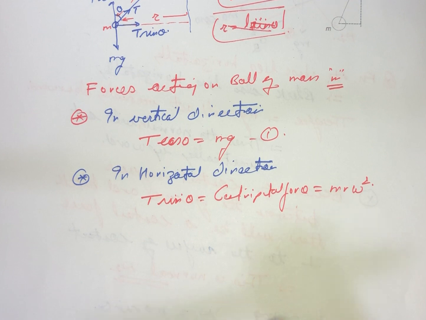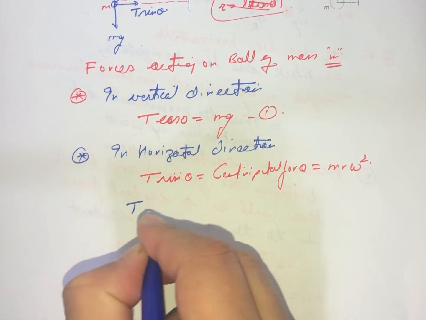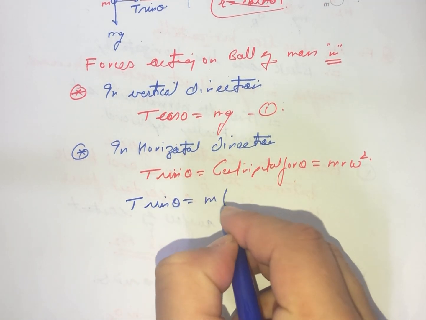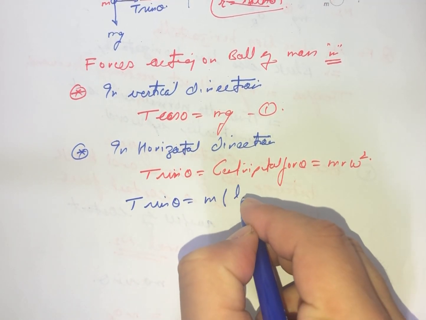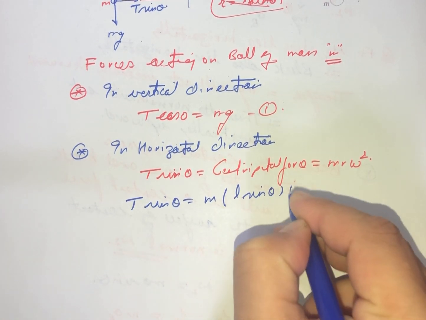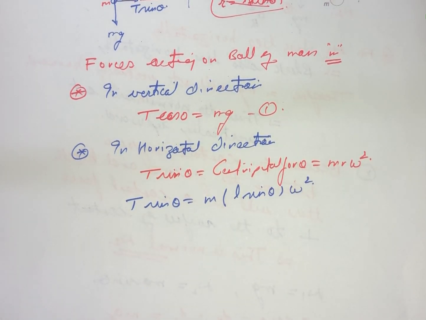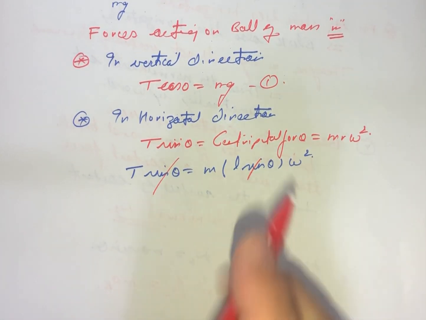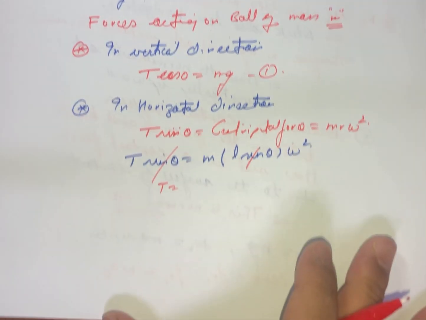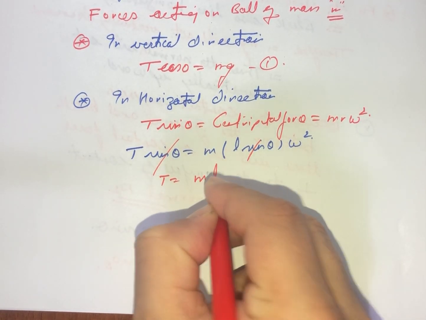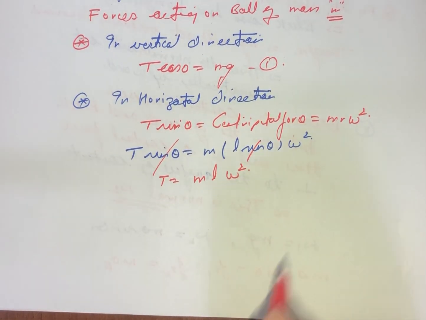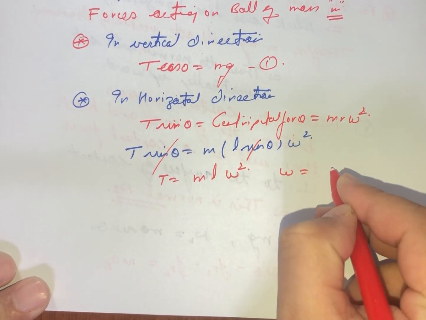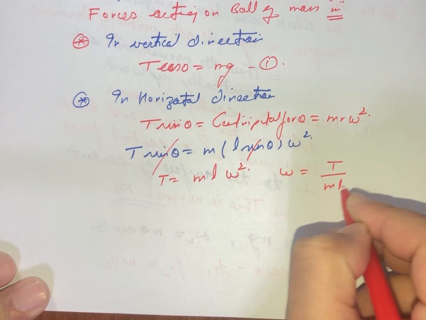If we substitute here the value of r, we get T sin theta is equal to m multiplied by L sin theta and omega square, and sin theta goes away, so we get T is equal to m L omega square. So from here we can say that our angular velocity omega is equal to the square root of T upon m L.